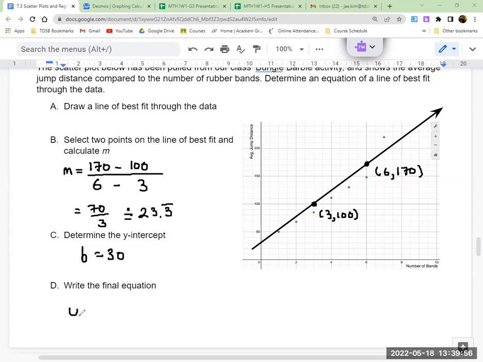So my final equation is about y equals 70 over 3x plus 30. Okay. So this is my best guess using human error.